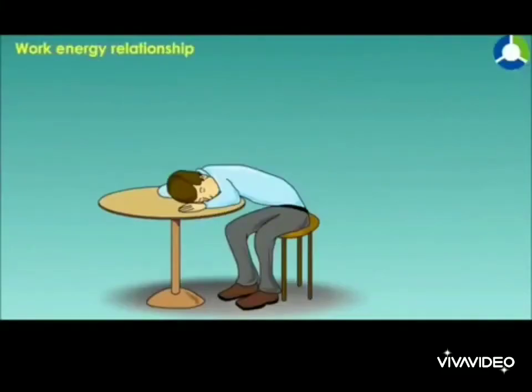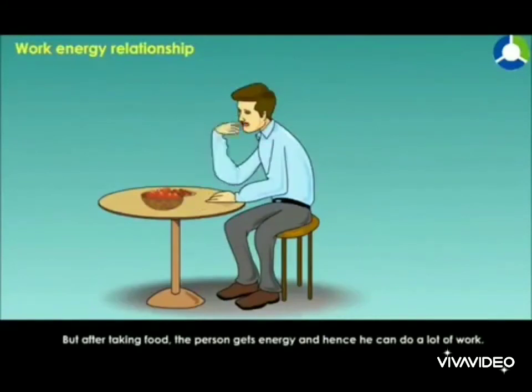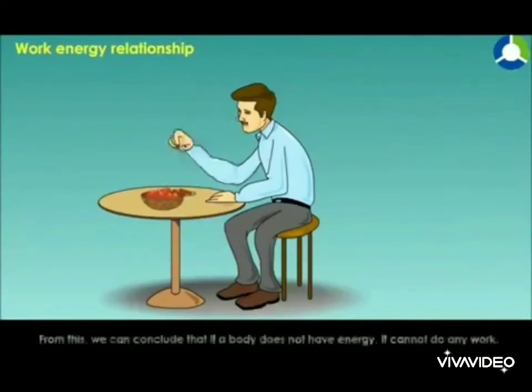Now we will see the work energy relationship. A body possessing energy is only capable of doing work. For example, if a person is hungry, he does not have much energy, so he cannot do much work. But after taking food, the person gets energy, hence he can do a lot of work.